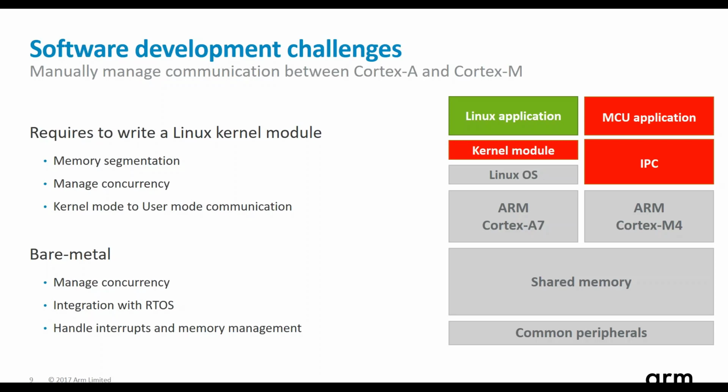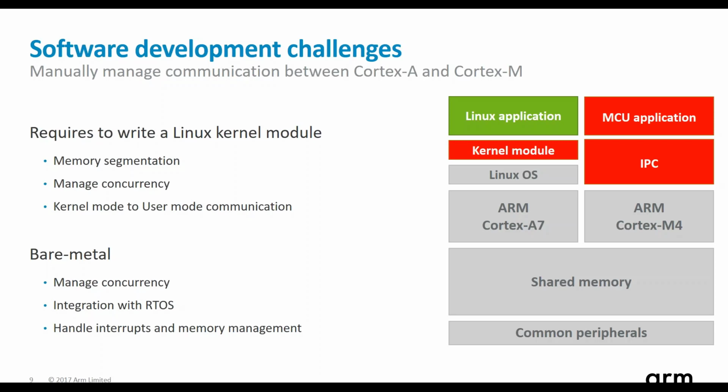On the Linux side, we will need to create a kernel module to be able to directly access the area of memory that is shared with the RTOS. We will need to take care of segmentation and managing concurrency of access to data, read and write, and we need to use the kernel mode, of course, for the kernel module.